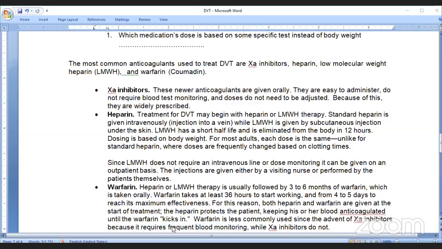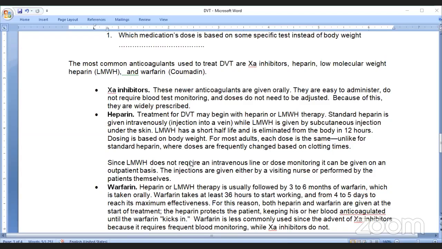Some of you can say that warfarin requires frequent blood monitoring, but all the other keywords are not mentioned there. The best match is standard heparin. It is specifically standard heparin, not low molecular weight heparin, because low molecular weight heparin dose is based on body weight. There are two types of heparin, so answering only heparin is wrong also.